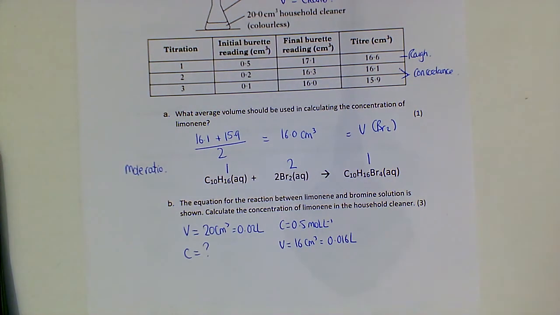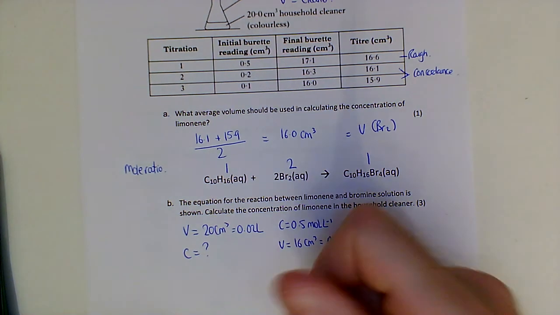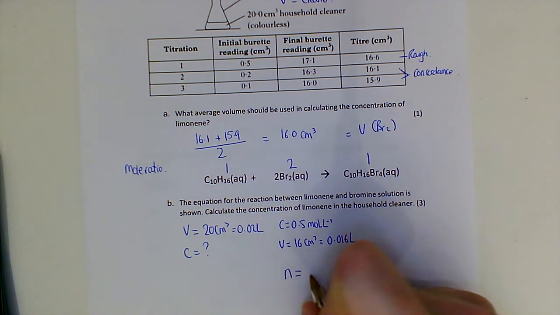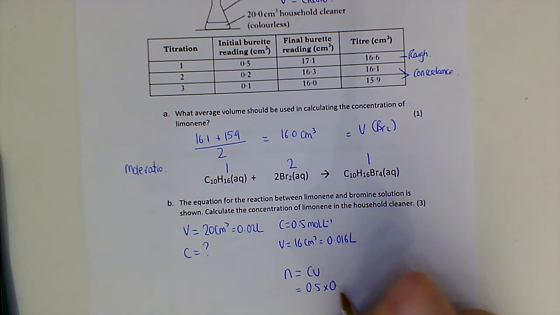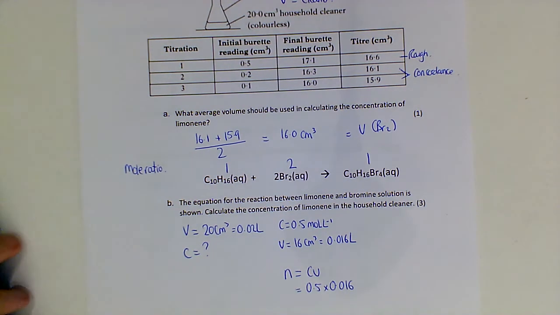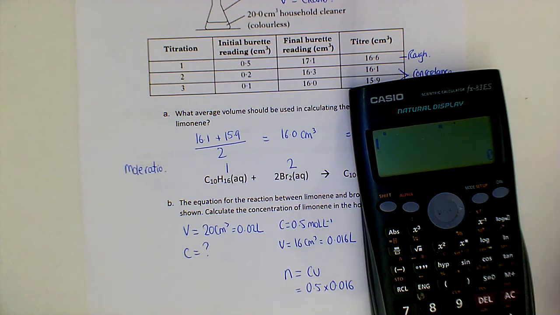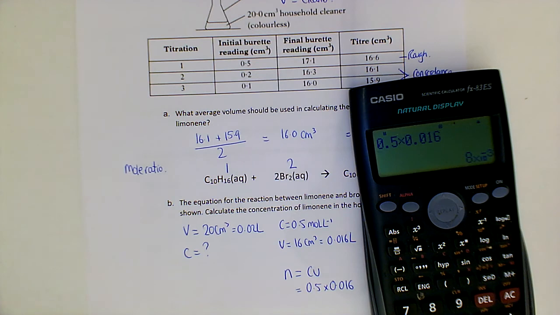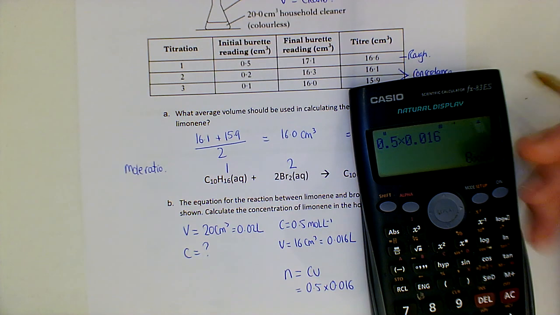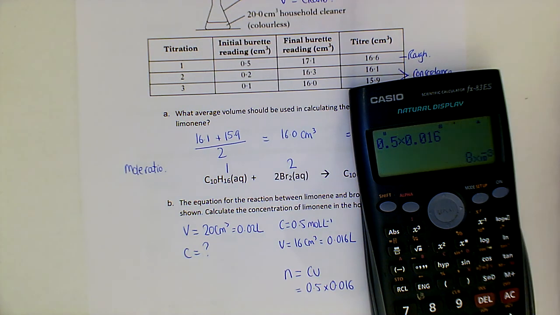Okay, so I can do this in a few ways. I'm going to work out my number of moles. n equals CV. So that's going to be 0.5 multiplied by 0.016. On my calculator, 0.5 multiplied by 0.016 equals 8 times 10 to the minus 3. Now, that's scientific notation, and if it's minus, see where the multiplication sign is?